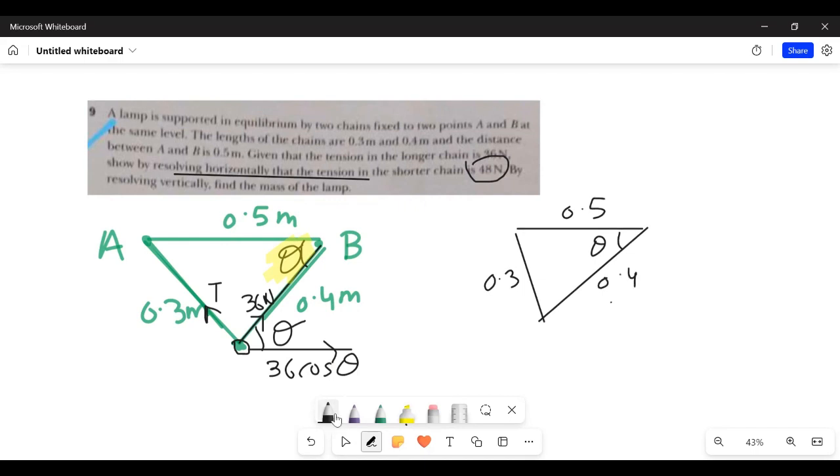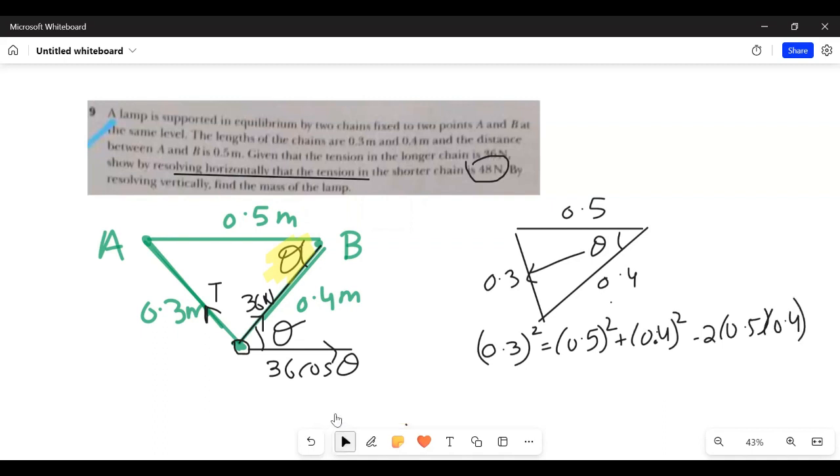So you start with the side opposite to the angle. So you start with 0.3 square equals 0.5 square plus 0.4 square minus 2 times 0.5, 0.4 cos theta.